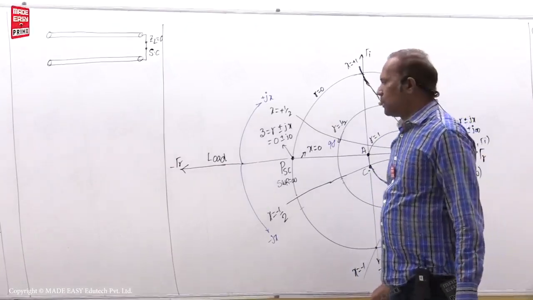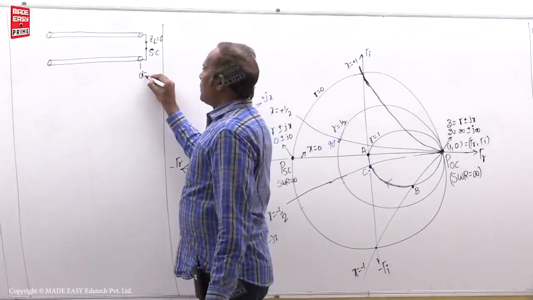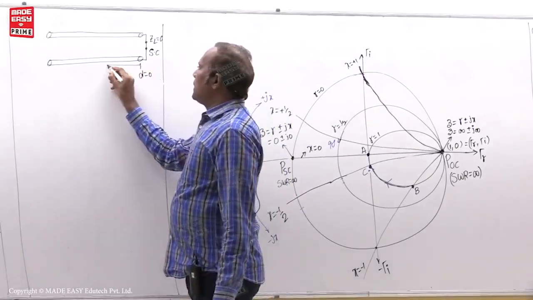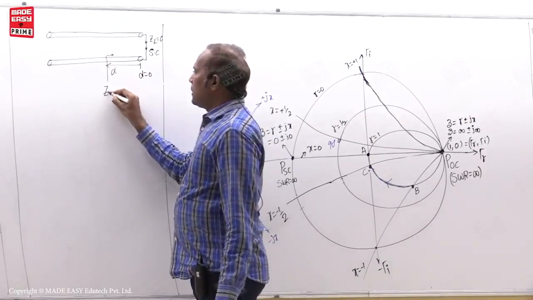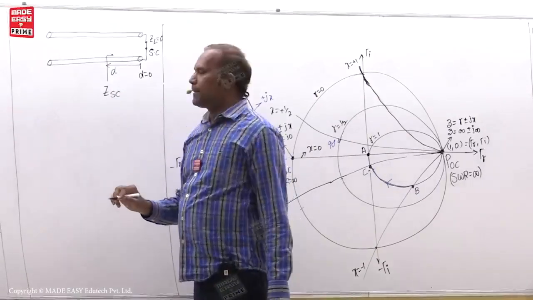Okay. Now for load D is equal to 0. What is the impedance at D distance for the short circuit case?